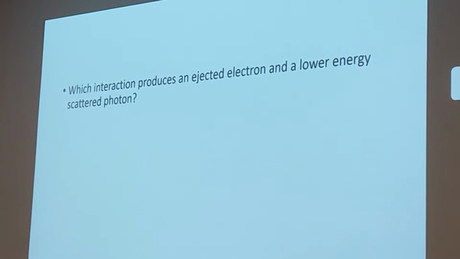Are there other names for Compton? Compton scatter. Incoherent? I don't think I've seen incoherent used for Compton scatter. I thought on the slide it said inelastic. Oh, actually, yeah, we do have incoherent. We have modified Compton.